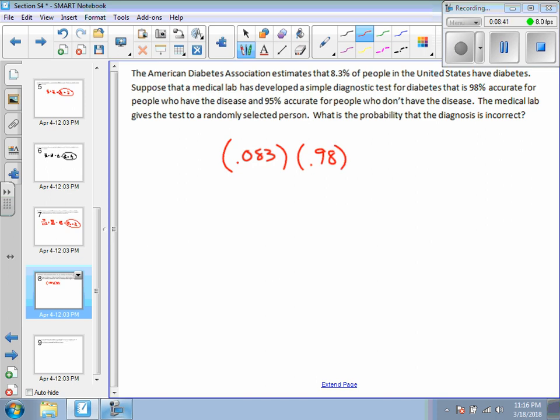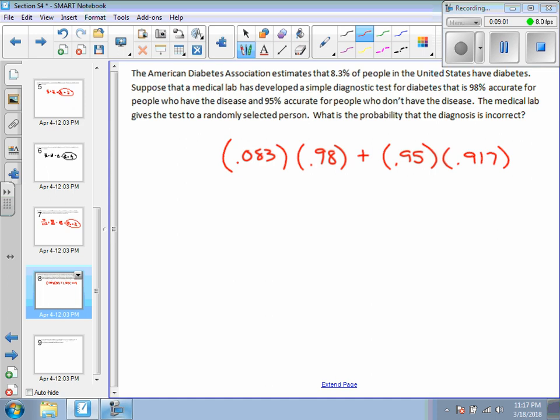At the same time, it's 95% accurate for those who don't have the disease. If 8.3% of the population has it, that means 91.7% of the population doesn't have it. Now, what we're going to find is the accuracy rate on a positive basis.